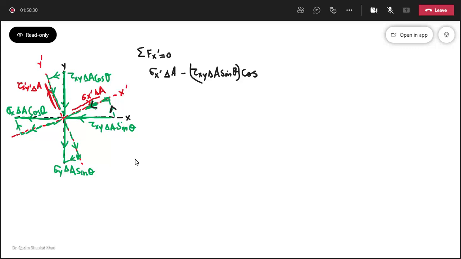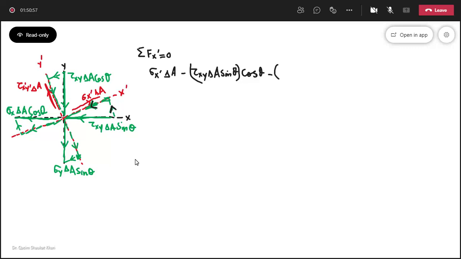Okay. Next one: sigma y delta A sin theta. This component again acts towards the negative x-axis, so negative sign.